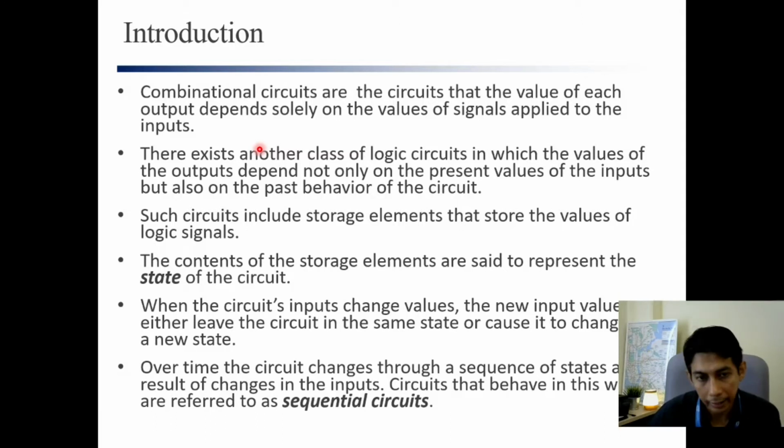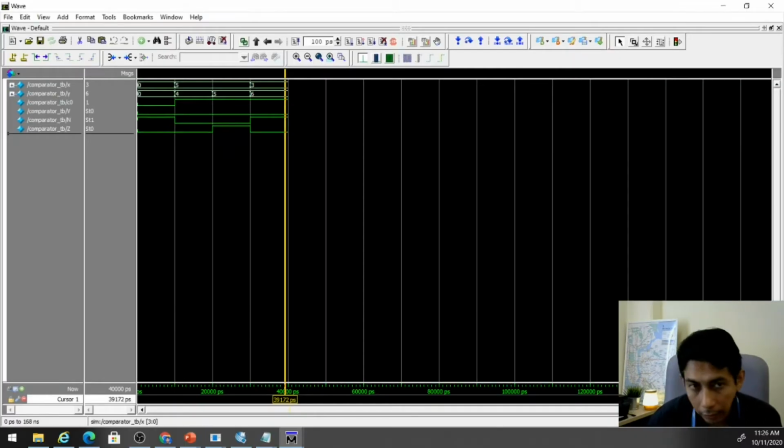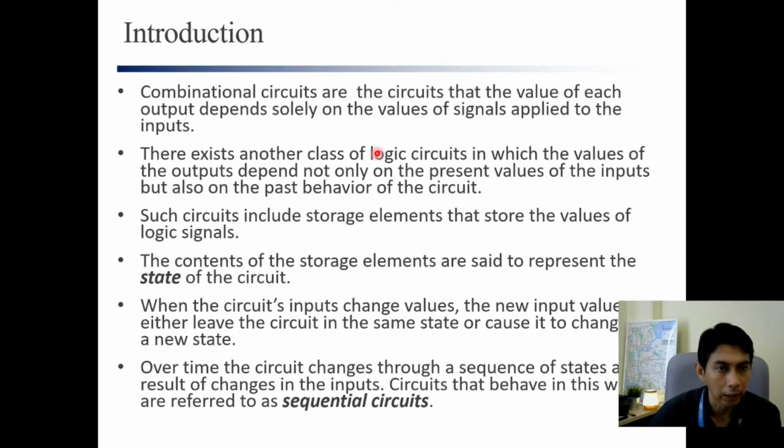So for example, the adder or the comparator that we designed just now: when I change the input here, you see the output here is immediately changed. And again, when I change the input, the output here is immediately changed. So that is what we call a combinational circuit. All right, and the comparator is one of the combinational circuits.